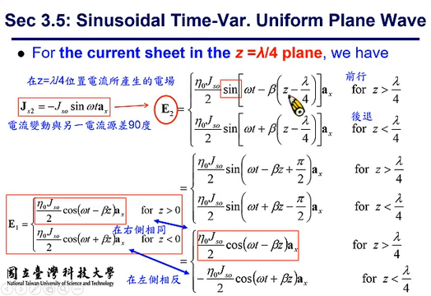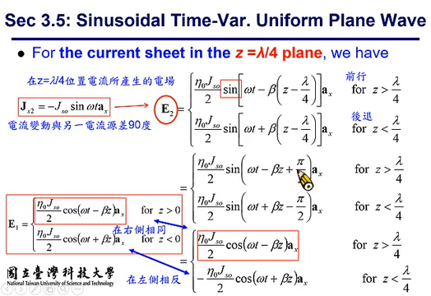And so it appears in both regions, in the z greater than quarter wavelength and z smaller than quarter wavelength region. And here you notice that there is a difference in the sign. Minus beta and plus beta stand for components that propagate in the positive z direction and negative z direction. All right, so we can reorganize this argument a little bit, because here we have lambda over 4 and beta is 2 pi over lambda, so they can be collected as pi over 2.